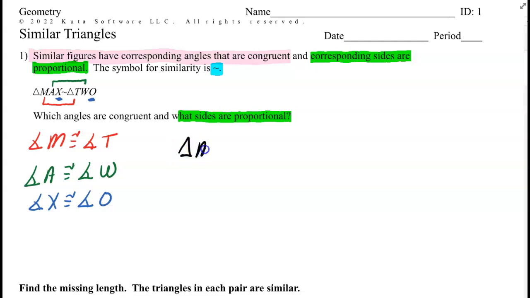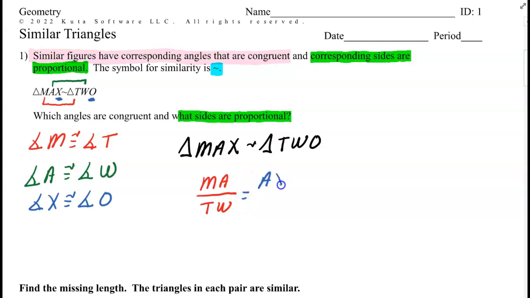If I said triangle MAX is similar to triangle TWO, you just solved some proportion problems. So the sides are proportional, so I'm going to say MA, the first 2 letters, over TW, that's a proportion, is equal to AX, the second 2 letters, over WO, and that's equal to MX, the outside letters, over TO.